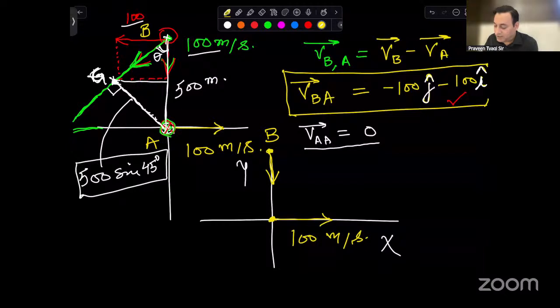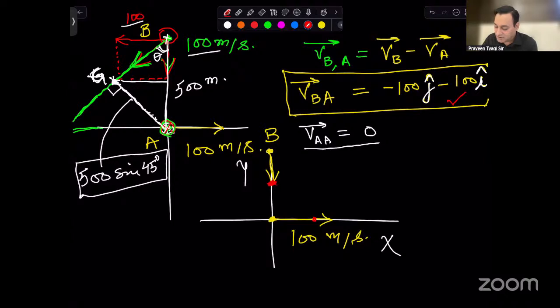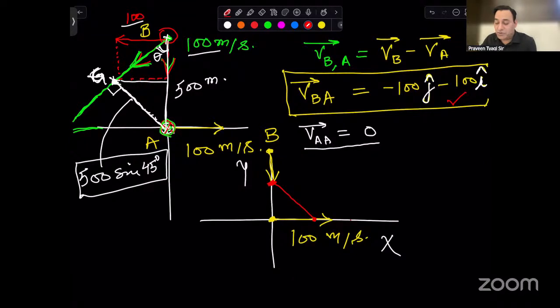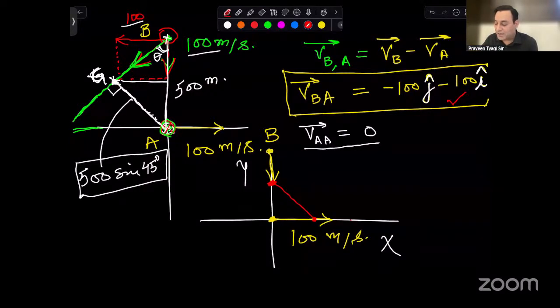This will move ahead, this will reach here, and after some time the distance between them will be this. So if you try to do this question through intuition or without using a systematic approach, you will not be able to find out what the closest approach distance between them will be.